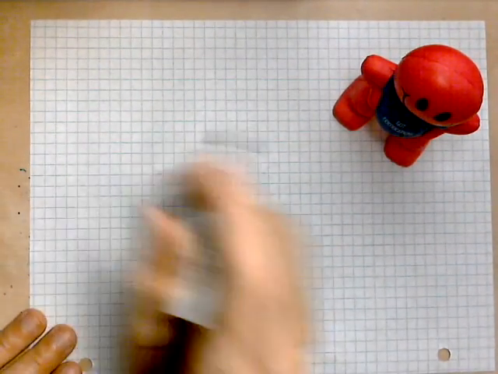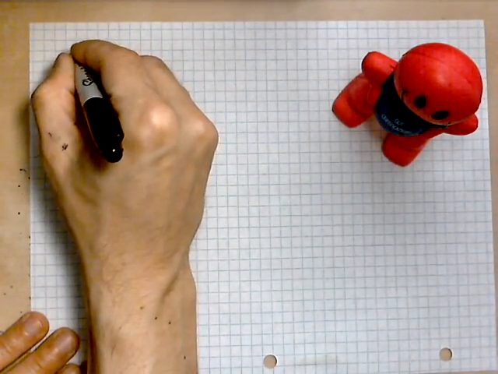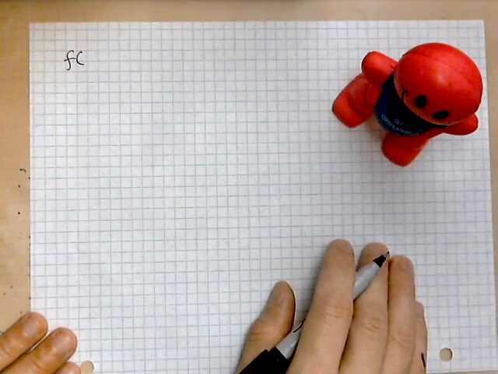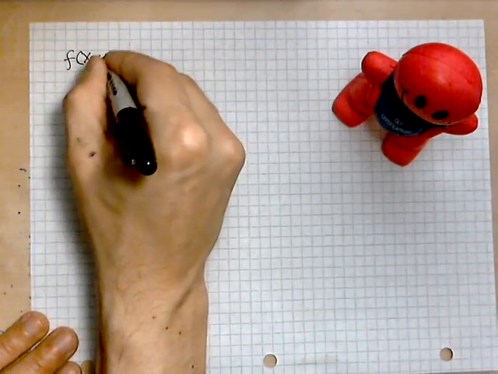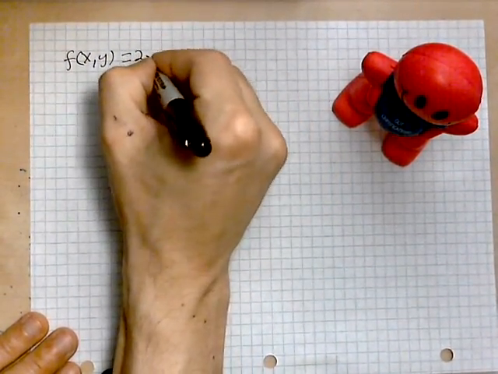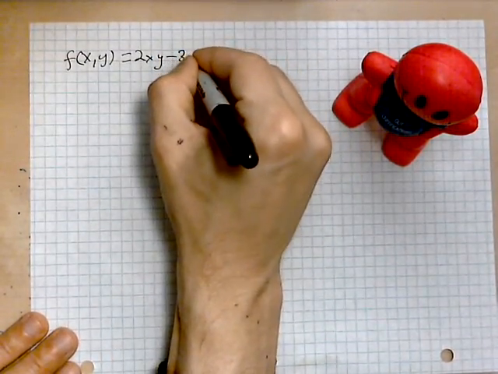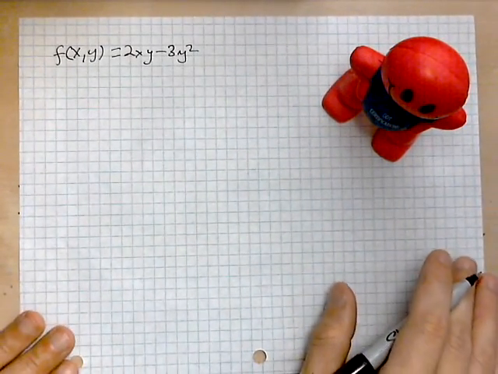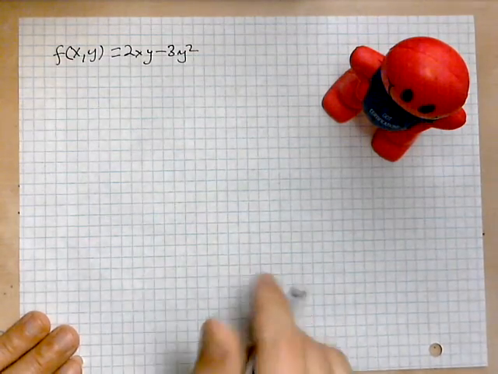The first step is you're given a function, and the function looks like this, for example. You're told that the function is defined as follows: f of x, y equals something such as 2xy minus 3y squared. So this is our function. With this in place, you are usually also told a point.